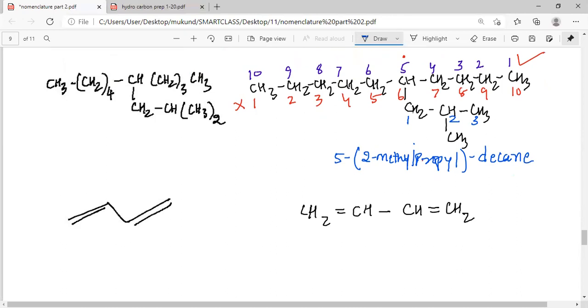Same way, my dear students, if you look at this 1, 2, 3, 4, so it is but-1,3-diene, or it is also known as 1,3-butadiene, or we can write butane 1,3-diene.